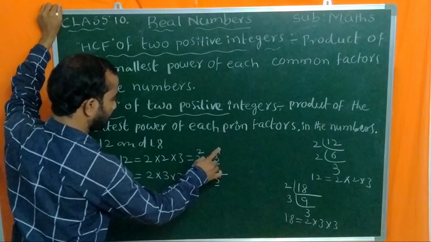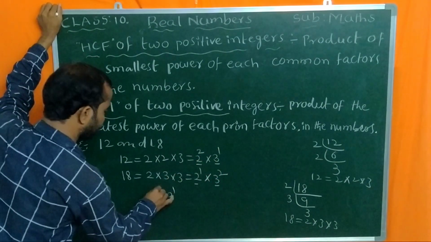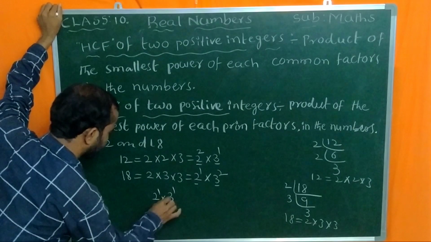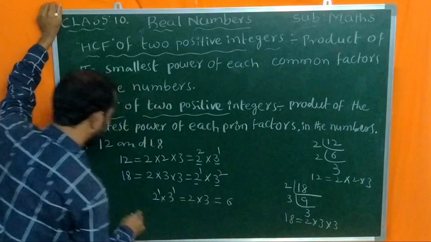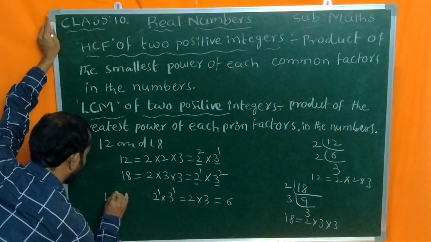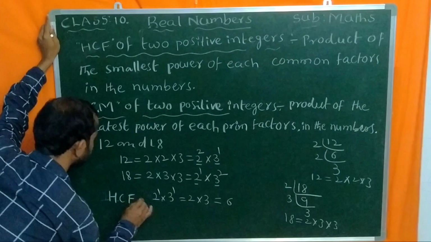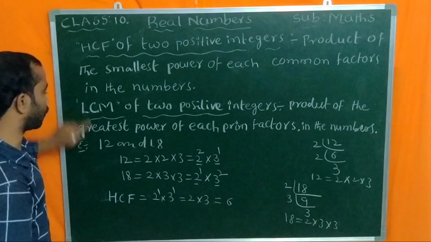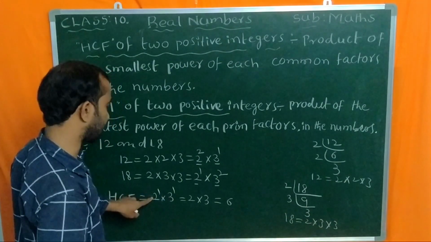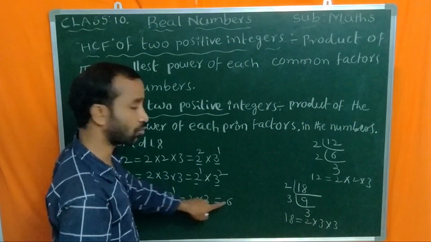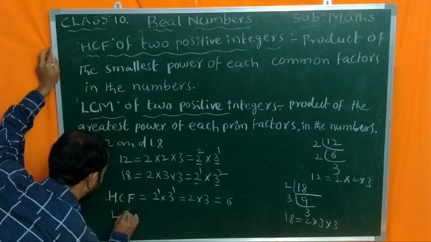The smallest power of 2 is 1, and the smallest power of 3 is 1. So HCF of 12 and 18 equals 2 into 3 equals 6.